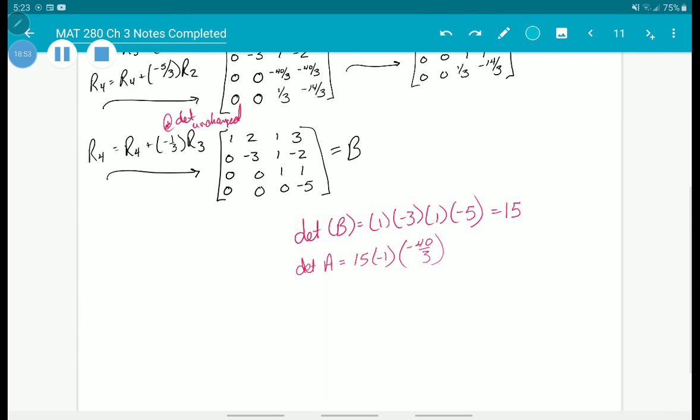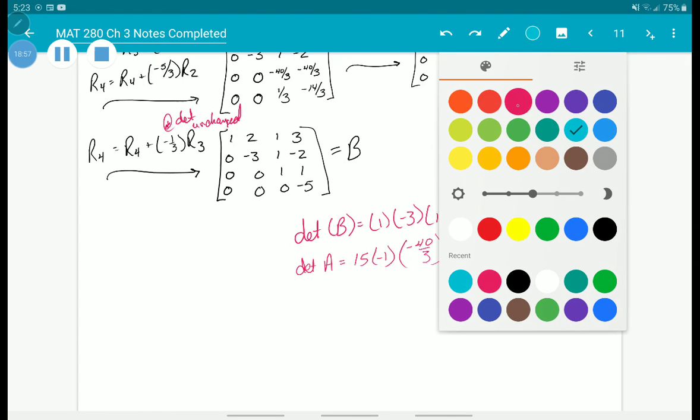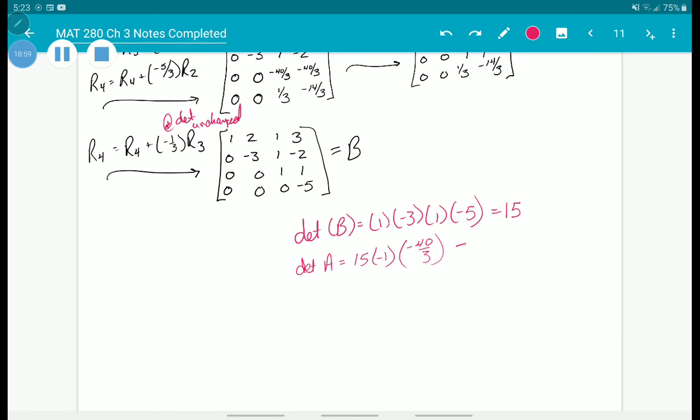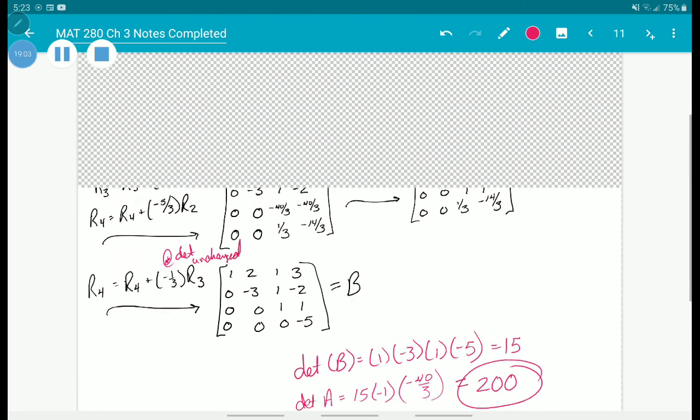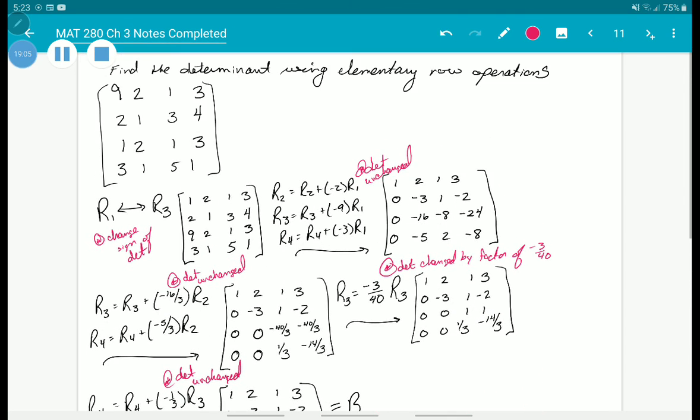So we have to undo all that. So if we undo all that and multiply this together, we're going to get 200. And so that is the value of this determinant. And we did that without having to do any kind of expansions.